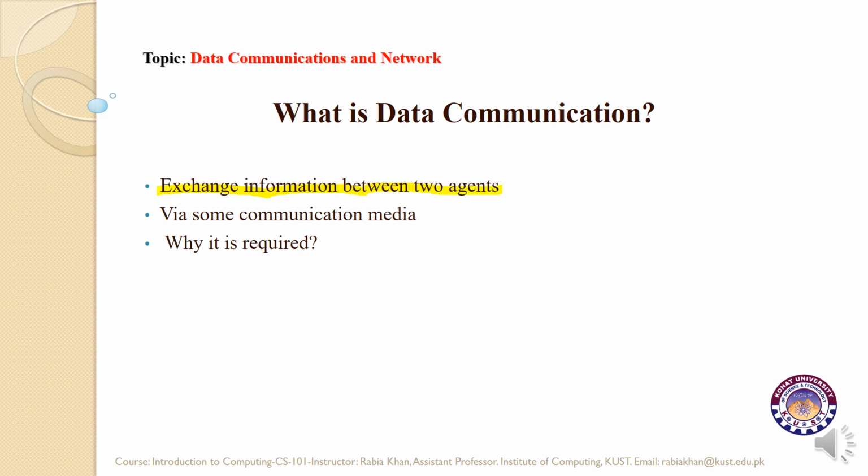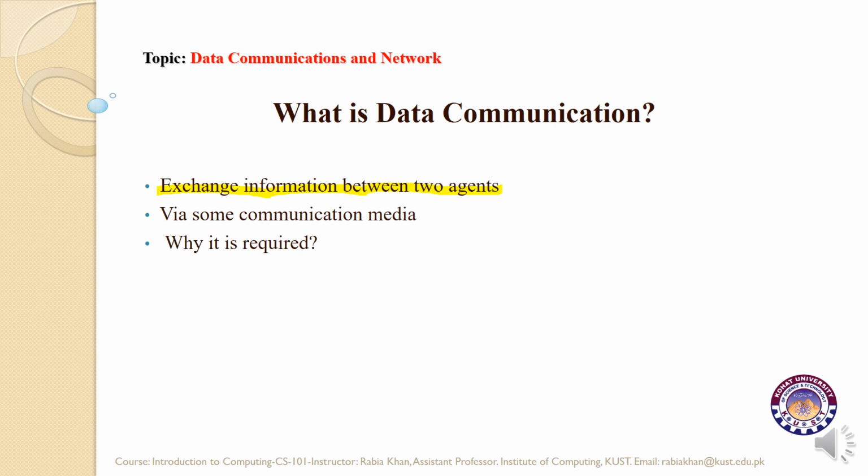This is the common definition for data communication. Data communication, that means we have to communicate some data or information. So between two parties, data needs to be communicated. So the formal definition of data communication is to exchange data or information between two parties.